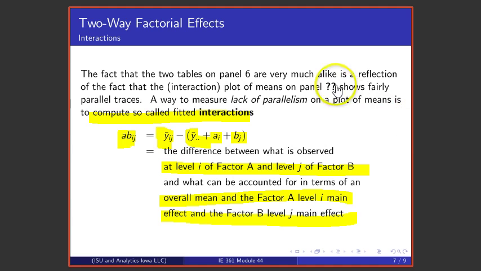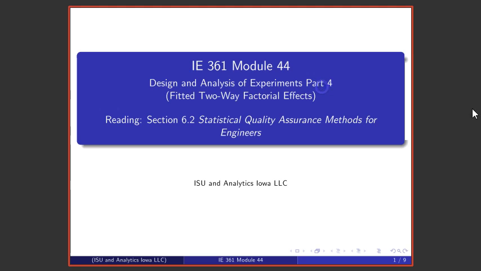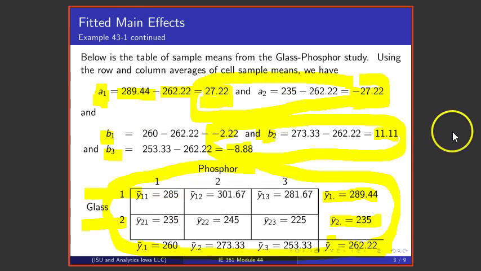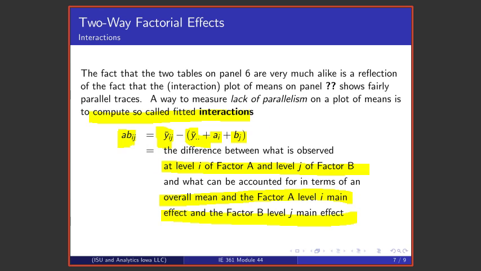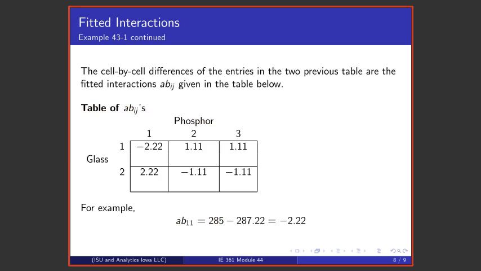These cell-by-cell differences in this particular example are small. They're like 2.22, 1.11 with plus or minus signs on them.